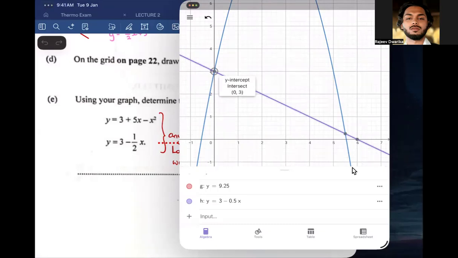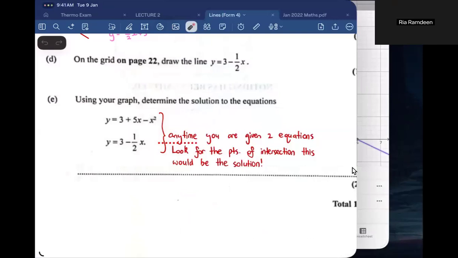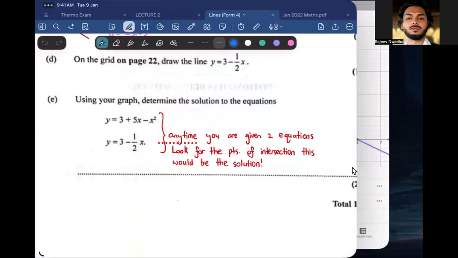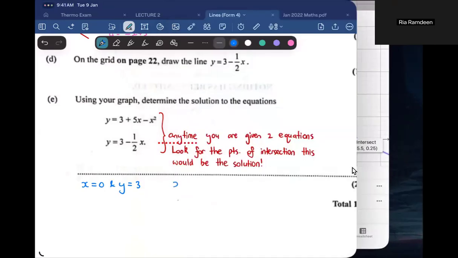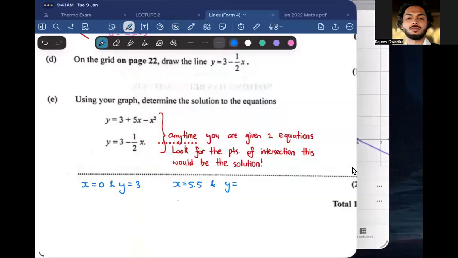So that's one solution: x is equal to 0 and y is equal to 3. There's another solution though, and that would be 5.5, 0.25. This would be x equal to 5.5 and y equal to 0.25.